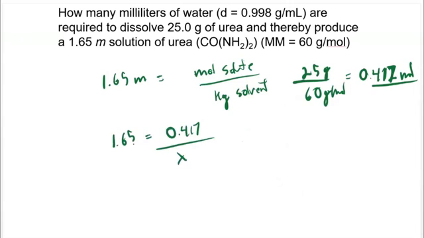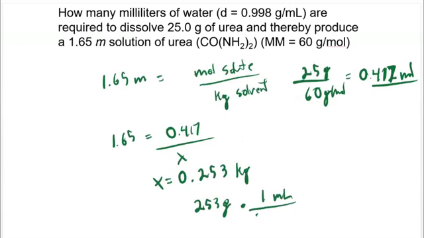So we can solve for x, which is 0.253 kilograms, or this can be converted into 253 grams. We can then use the density, which is grams per milliliter, and multiply by 1 milliliter per 0.998 grams.